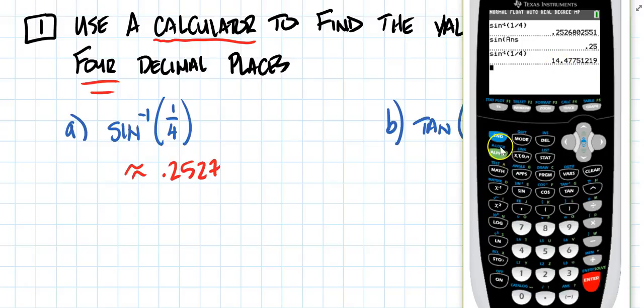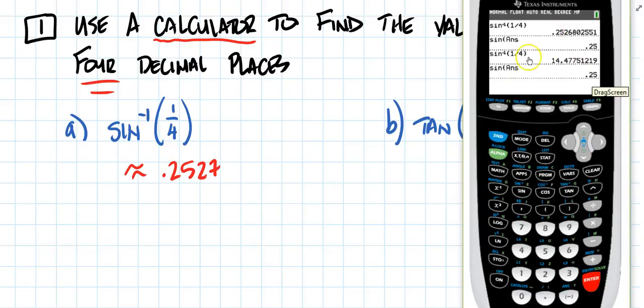And again, if I take the sine of the last answer that my calculator stored, it's going to give me back 0.25. So either 14.4775 degrees would give me a ratio of 1/4, or 0.2526 radians would give me a ratio of 1/4, opposite to hypotenuse.